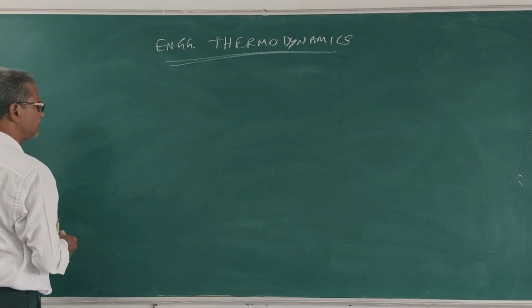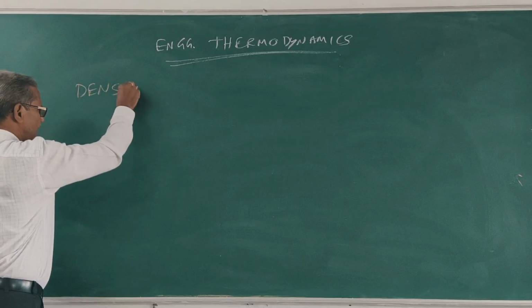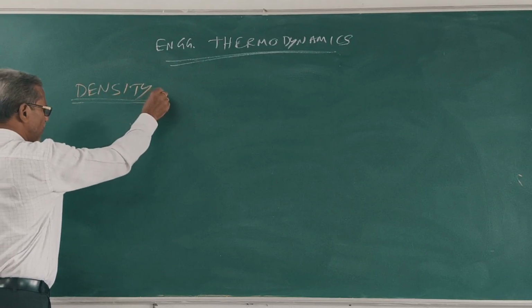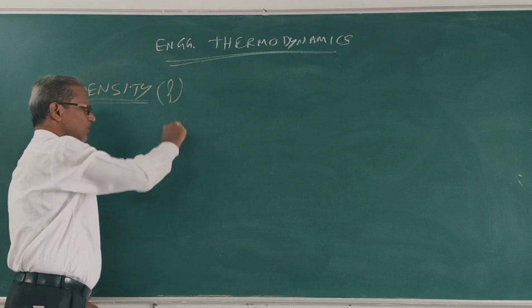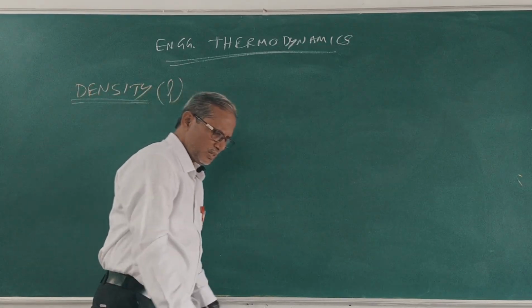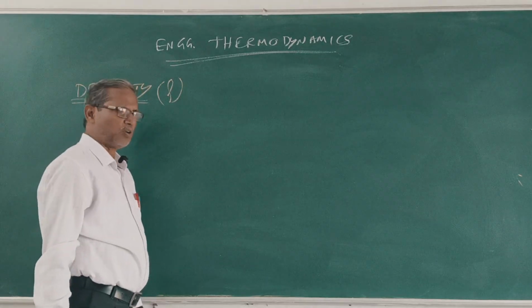Density. What density? The symbol is rho. The density is defined as the mass per unit volume.